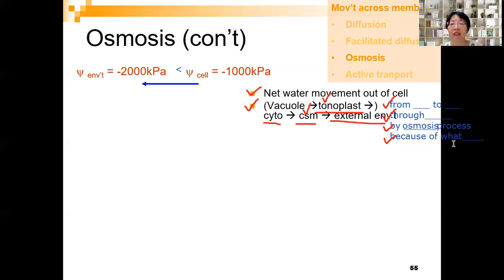Charmaine? Can I say by diffusion? I don't like to put osmosis. After all, water moves by diffusion, right? Can I? I don't think that is appropriate. Why? Because osmosis is only for water.